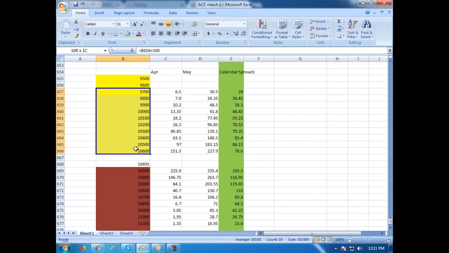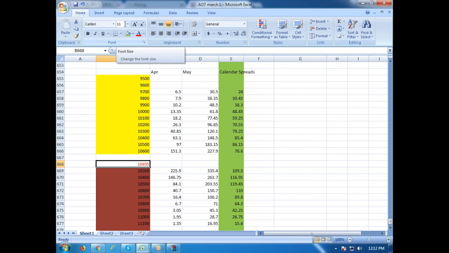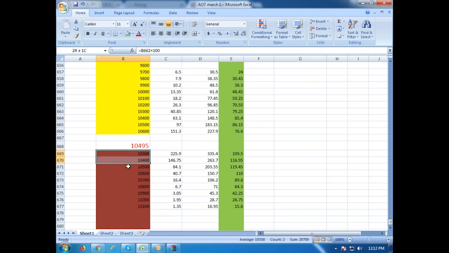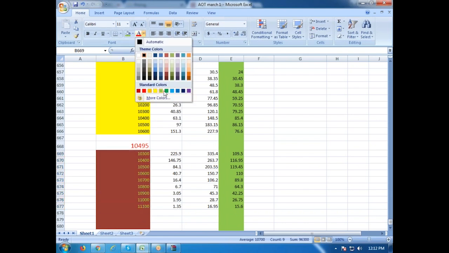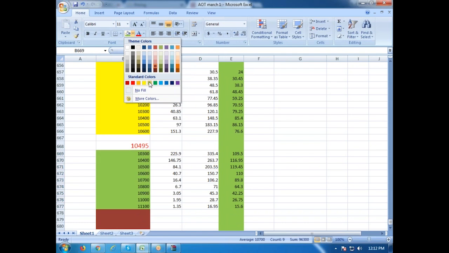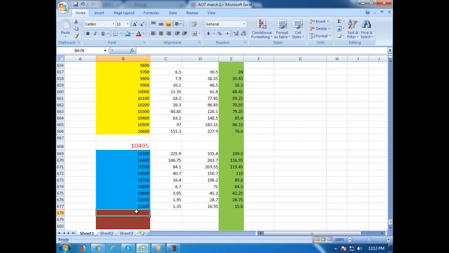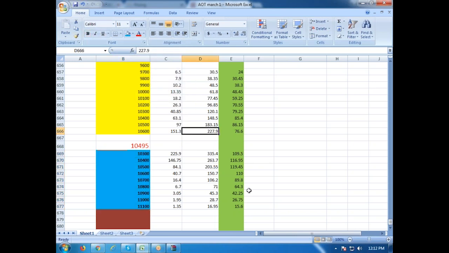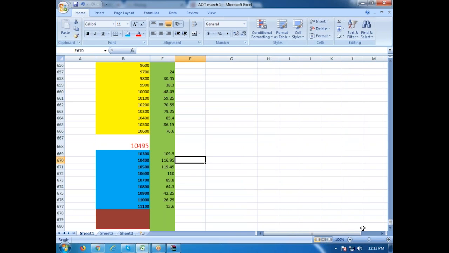With strike price there, this is your ATM. सो ये स्ट्राइक प्राइसेस है और ये है कैलेंडर स्प्रेड्स. लेट मी हाइड देम. अब आप देखो इसको. Now you see that.